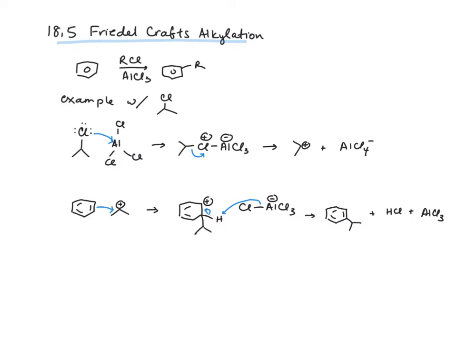This secondary carbocation is a great electrophile, so what happens next is that the benzene ring attacks it, forming the arenium ion, which is then re-aromatized by reaction with aluminum tetrachloride. Again, we're following the same electrophilic aromatic substitution pattern. It's another EAS reaction.